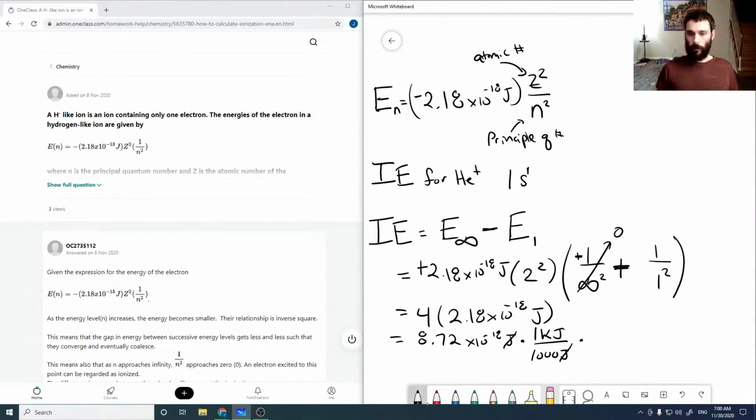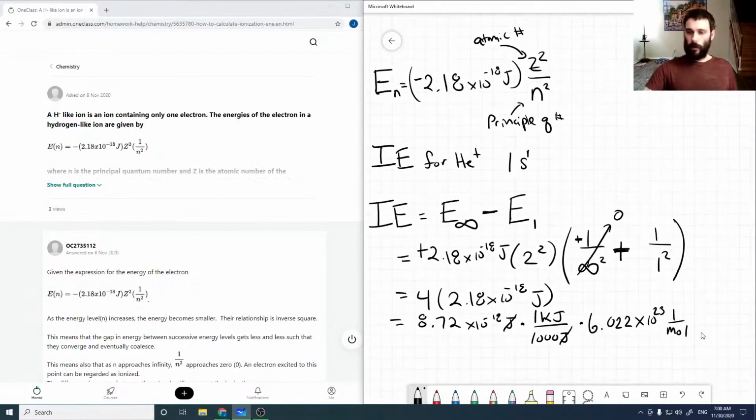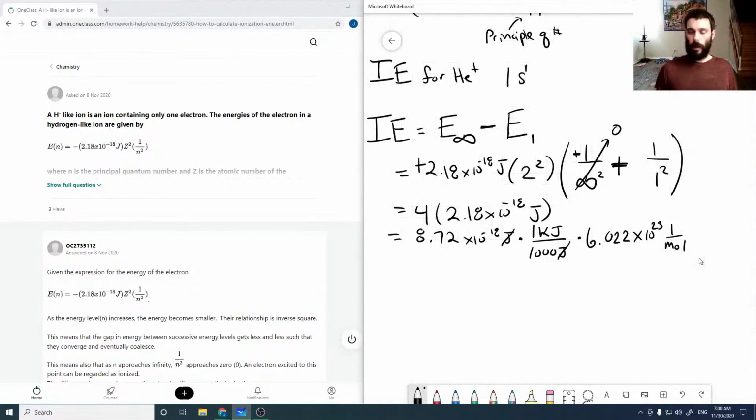So Avogadro's number is 6.022 times 10 to the 23, with 1 over moles as the units on it. So that'll give us our kilojoules per mole. And then if we run this through our calculator, we get an ionization energy for helium plus of 5251.184 kilojoules per mole.